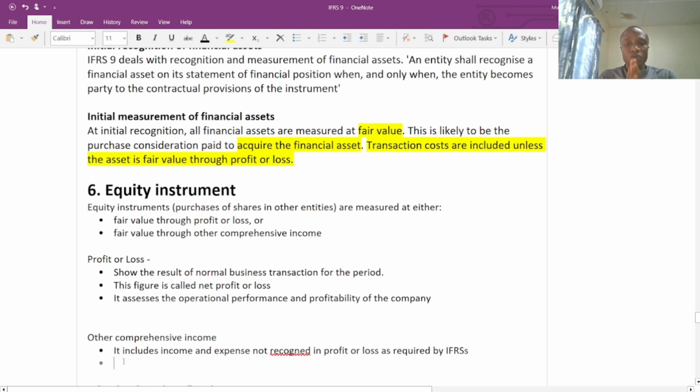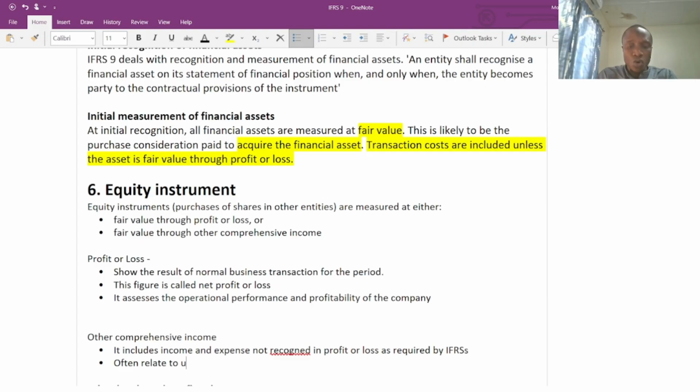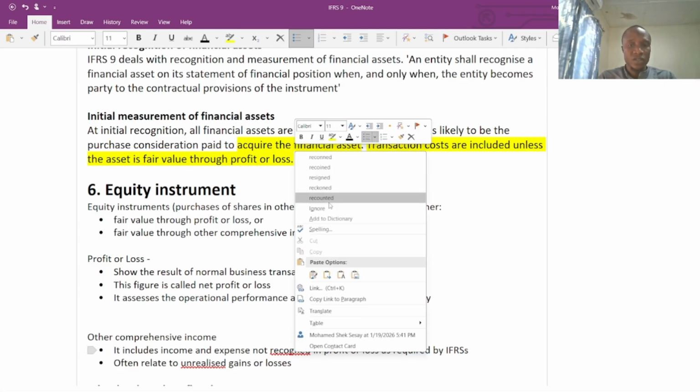Another key point that you need to know, in most cases, it often relates to unrealized gains or losses. In most cases, it's due to unrealized gains or losses.